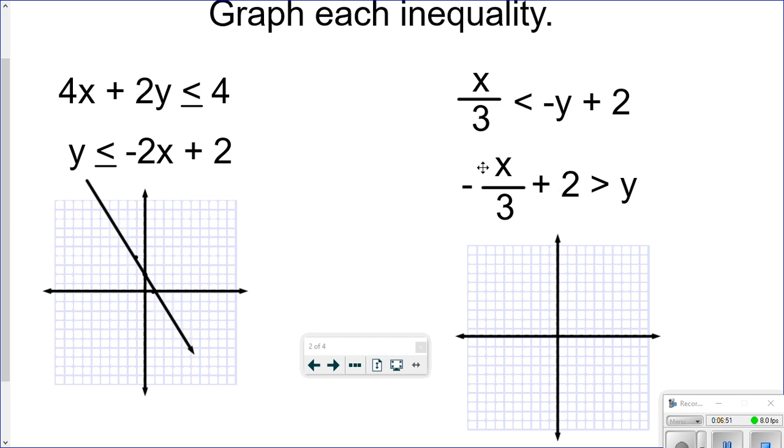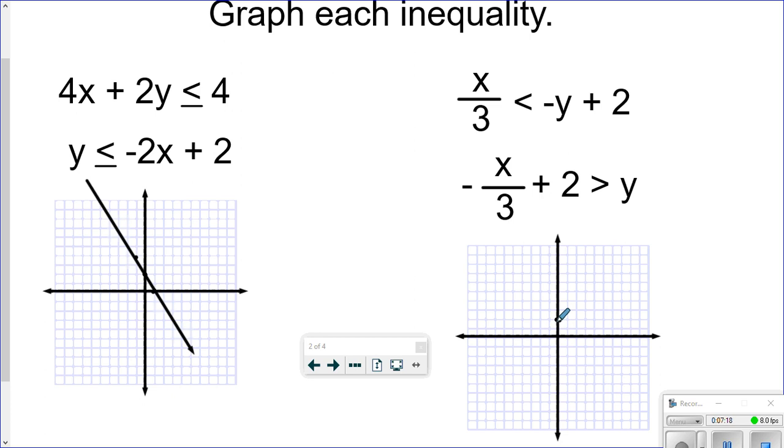So now I have negative 1/3 x plus 2 is greater than y, or y is less than negative 1/3 x plus 2. So same situation, we are going to graph that by plotting our y-intercept and using my slope to get my other point. So it looks like there's my y-intercept of 2.